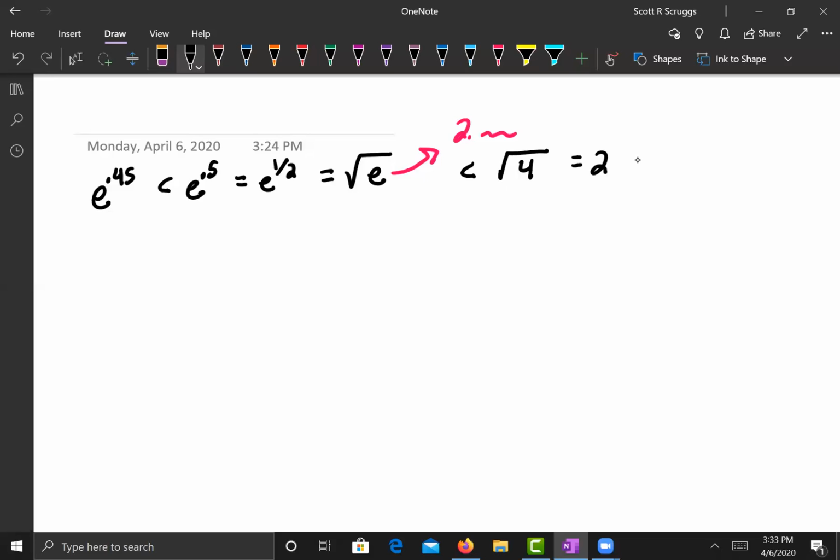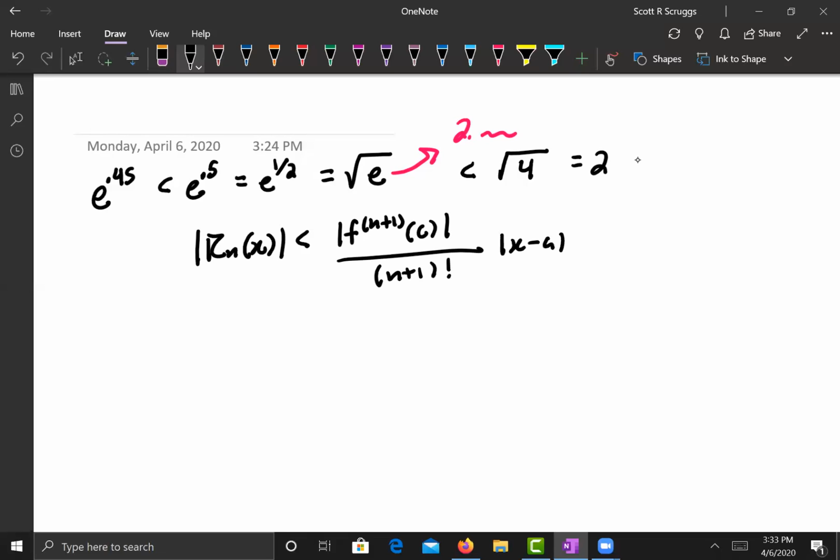But the goal for problem 2 is to bound the remainder, which means I'm going to have to use this theorem, which states that since it's a Taylor polynomial, the remainder is a function, which means I can always bound it by the n plus 1 derivative at c, over n plus 1 factorial, times x minus a to the n plus 1.